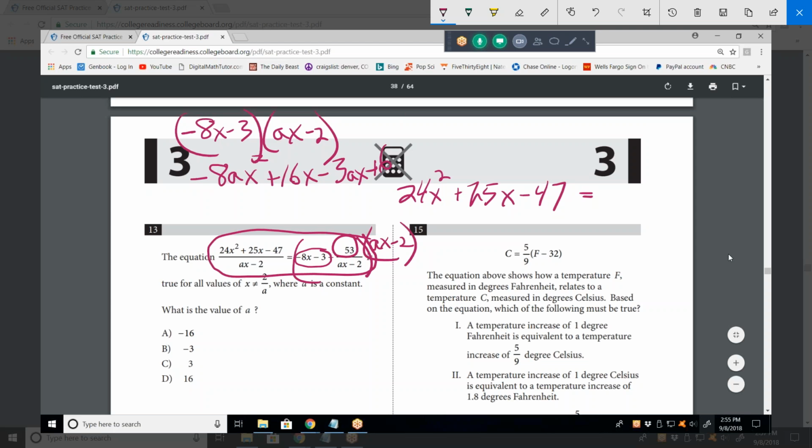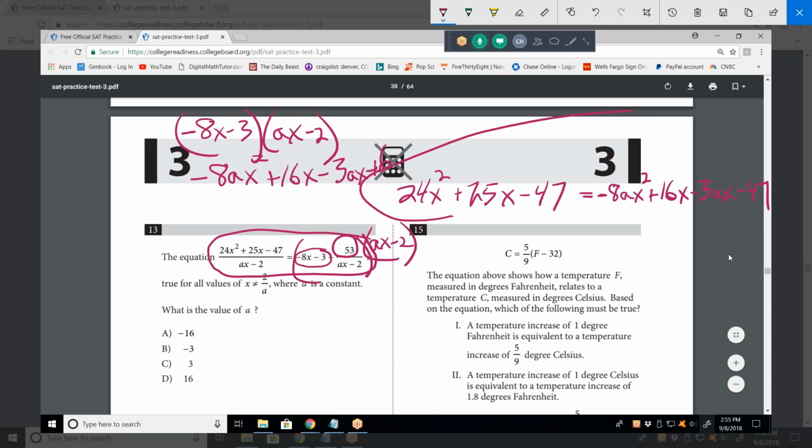So I'm going to add that 53 against that 6, and I end up with minus 8ax squared plus 16x minus 3ax plus 6 minus 53, which is minus 47.